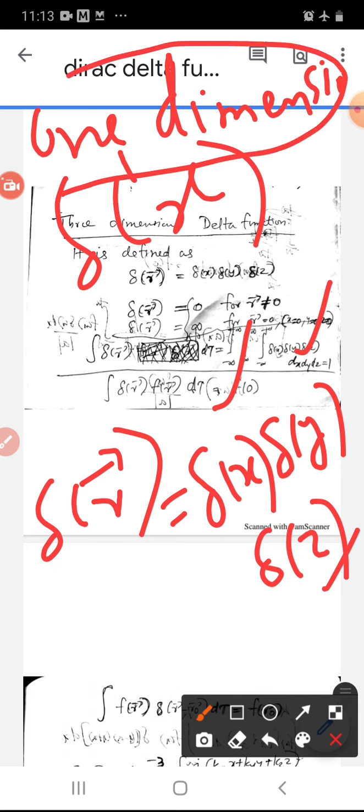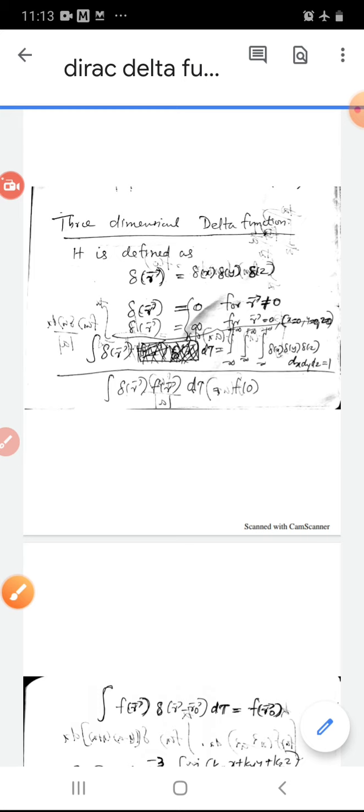This is the one-dimensional one, delta x. For three dimensions, we have delta x, delta y, and delta z. So this is our delta r. And what are the properties?